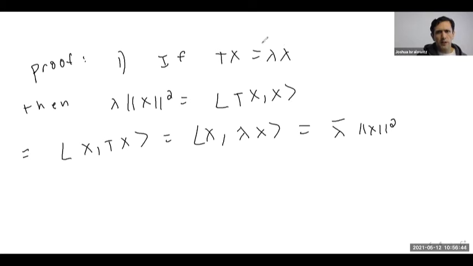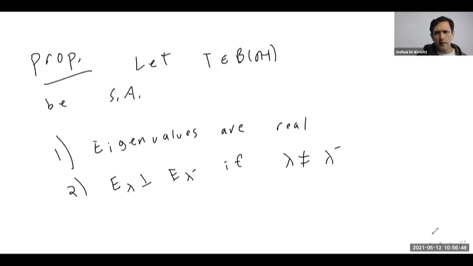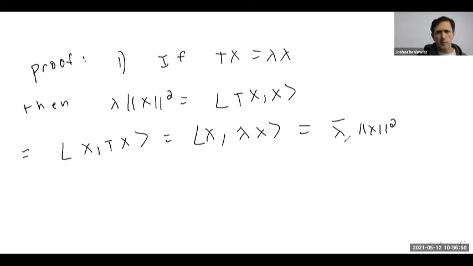Well, by definition of an eigenvalue, so maybe to be clear here, this is an eigenvector. By definition of an eigenvalue, an eigenvector exists, and in particular, this is not 0. Right.